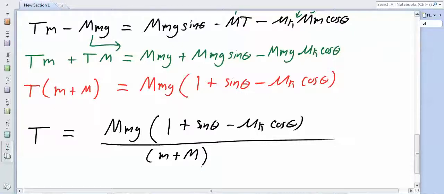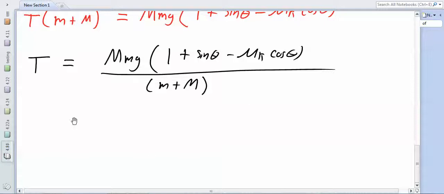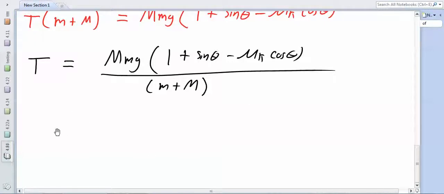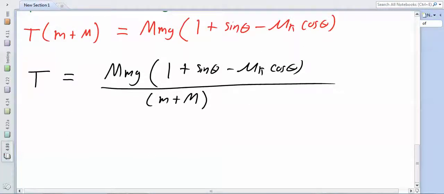So that is the value of the tension, and when you plug all the numbers in to get that numerical value, the tension turns out to be 87.8 newtons.